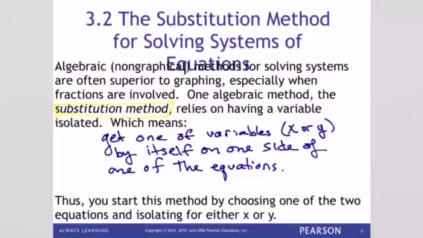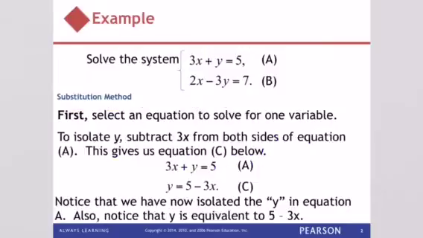So it says, thus you start this method by choosing one of the two equations and isolating for either x or y. On this next slide, slide 14, we're going to work through an example of this. You don't really have to write much here. Just watch for these next couple slides.